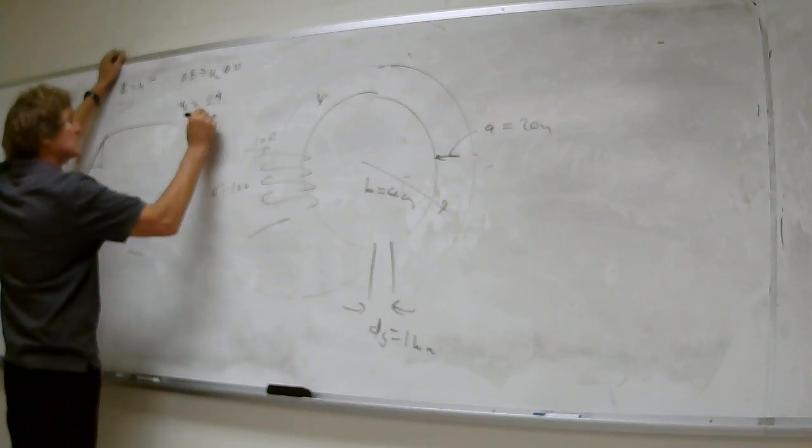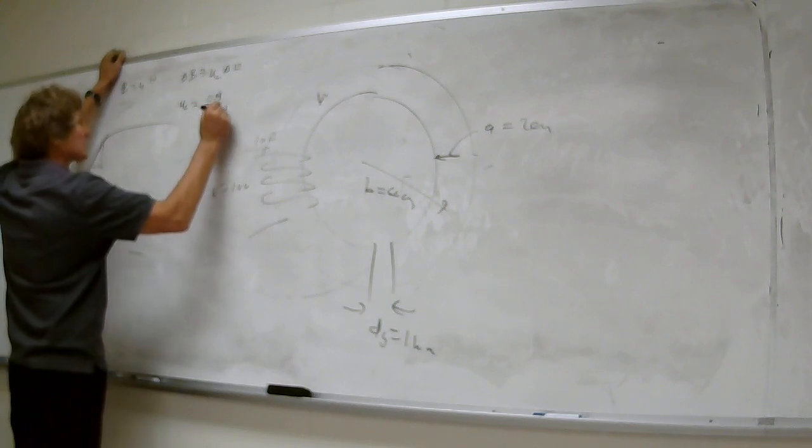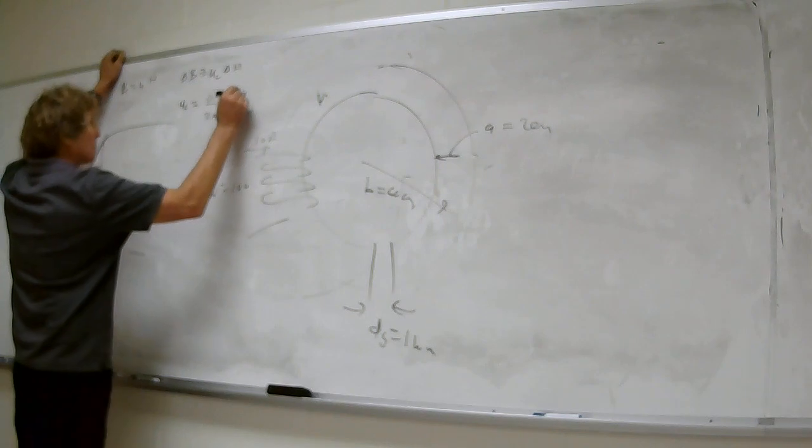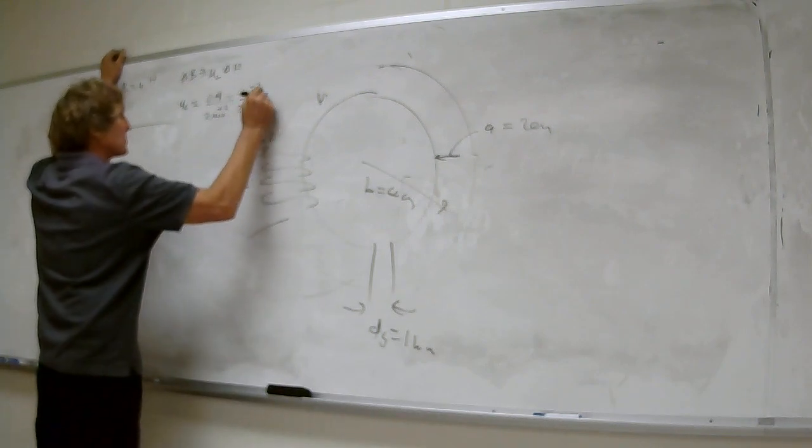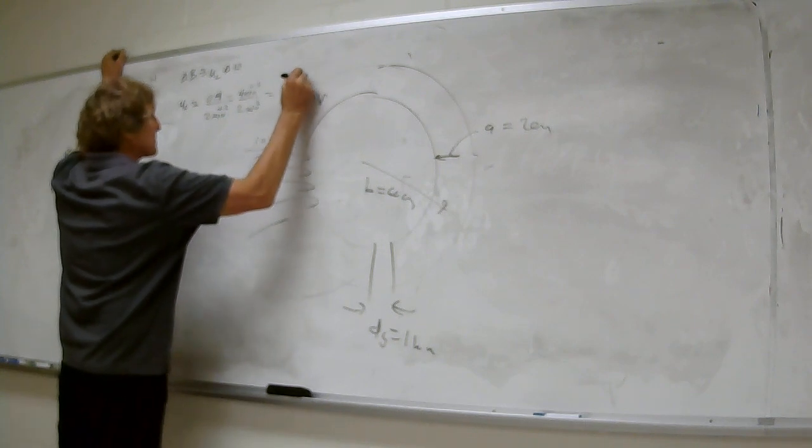So it's 4 times 10 to the minus 1 over 2 times 10 to the 2, which is 2 times 10 to the minus 3.